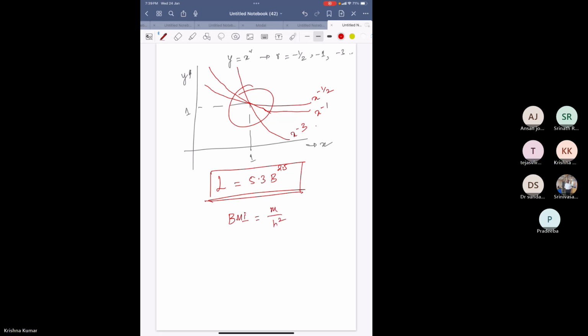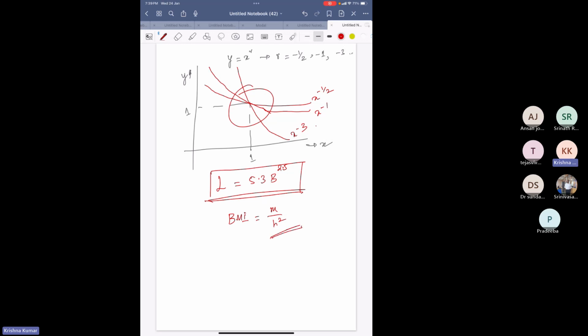M by height, yeah, M by h square. Okay, so that's again where you have h power minus 2, right? So you have equations which have that kind of form.